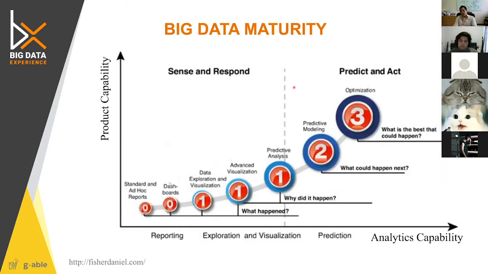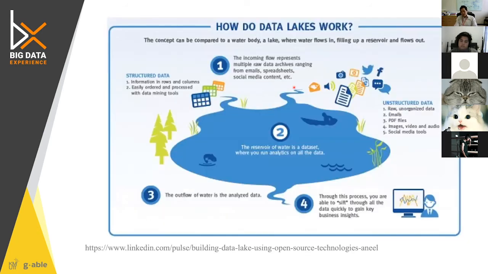Okay, so this is the growth of big data in the company. Now let's talk about what is inside big data. The concept of big data as a data lake is like this, right? We usually have the data in the data source, structured data and unstructured data. That can be raw data, email. If we have a stream that pulls the data together at a reservoir or lake, we call this a data lake, because it's like we pull the data together here.